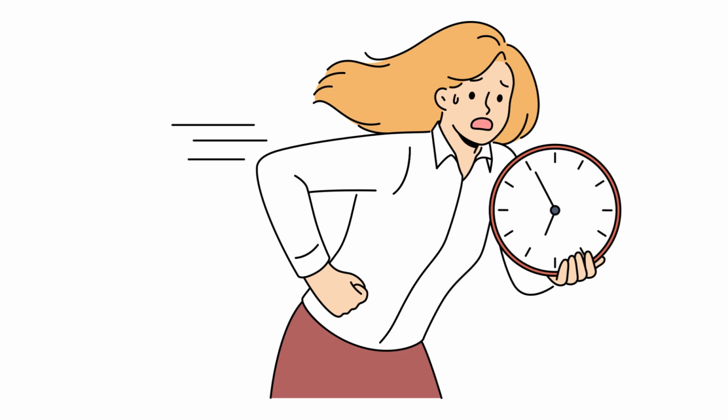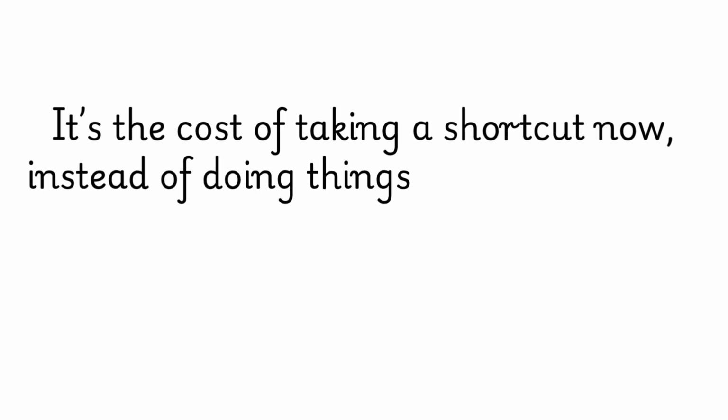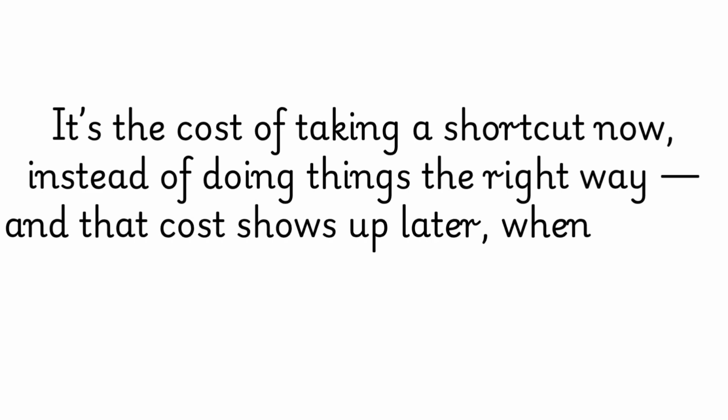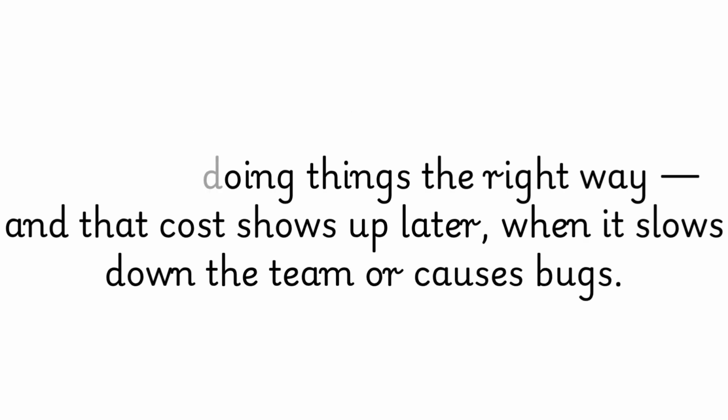It works for now, but later the walls start cracking, and fixing it now is a much bigger job. That's technical debt in software. It's the cost of taking a shortcut now instead of doing things the right way. And that cost shows up later when it slows down the team or causes bugs.